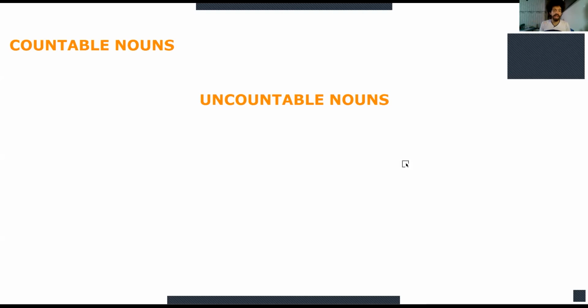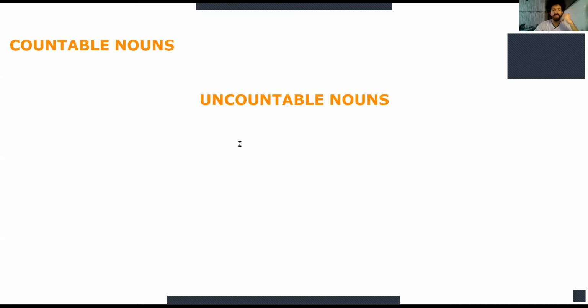So for the uncountable nouns, we have some types of products, some types of substances that are linked to this characteristic, to this being uncountable. So remember, we are always talking about normally because not everything has a rule that can't be broken.